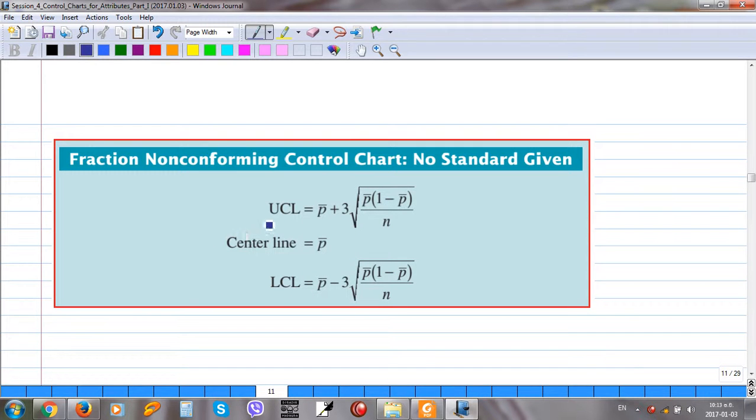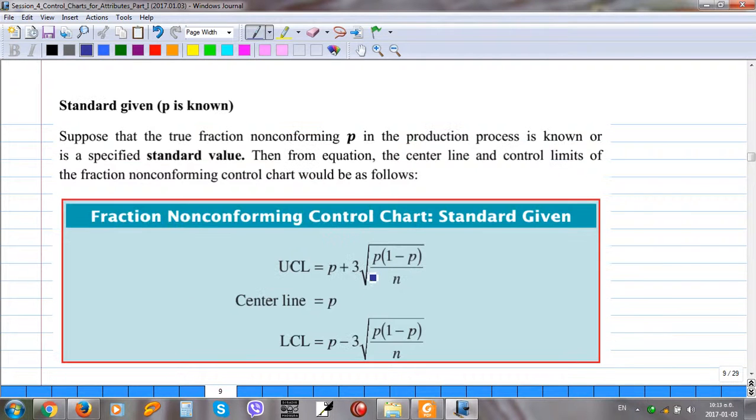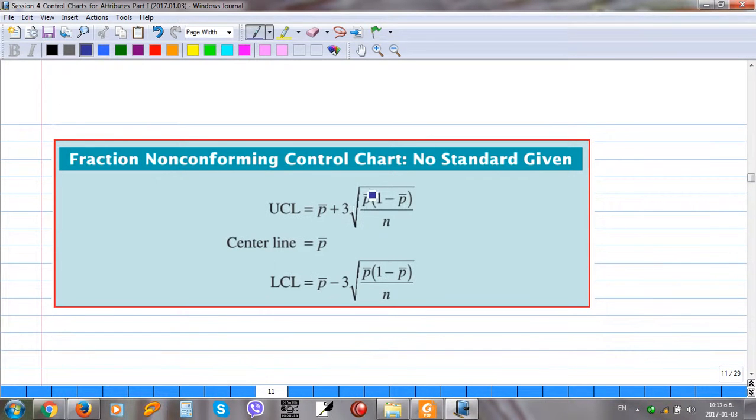If the standard is not given, instead of p you have to use p bar here. That is the only difference. If the standard is not given, that means p is not known, so you have to calculate p bar, then after finding p bar you can calculate the upper control limit, center line, and lower control limit.